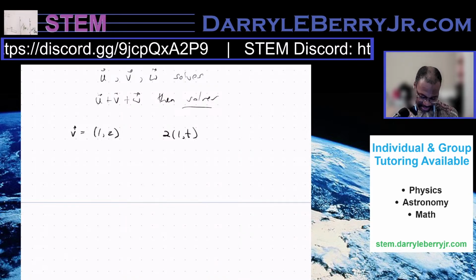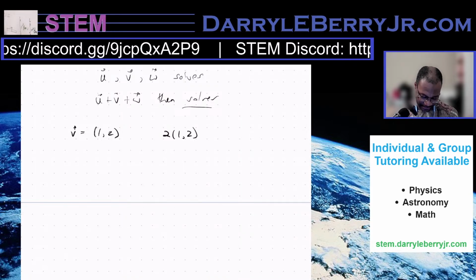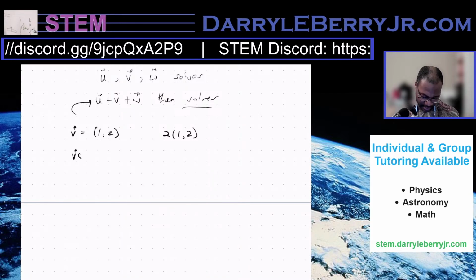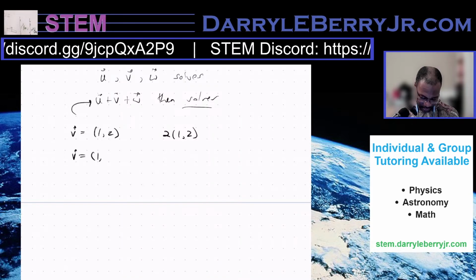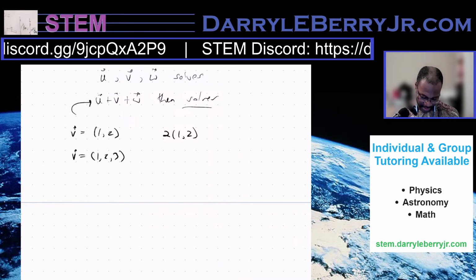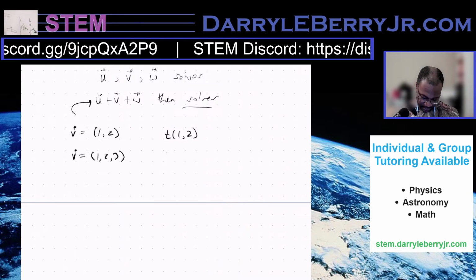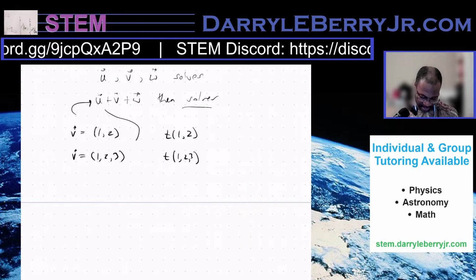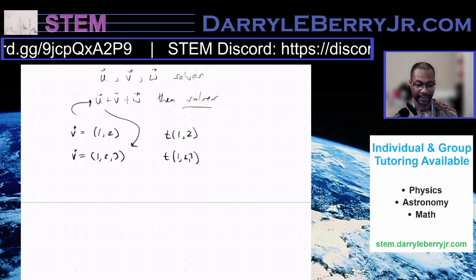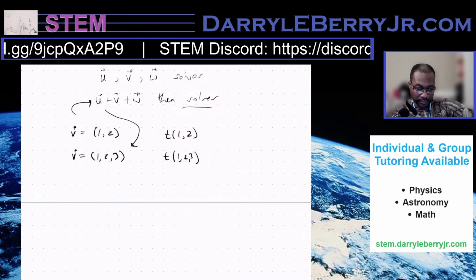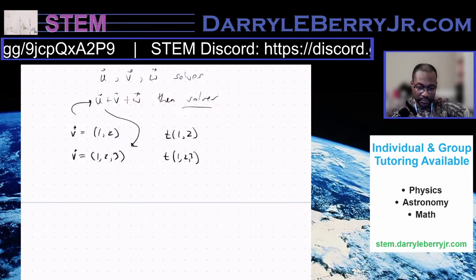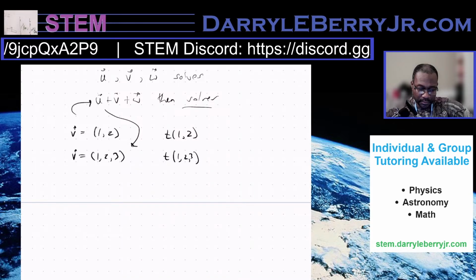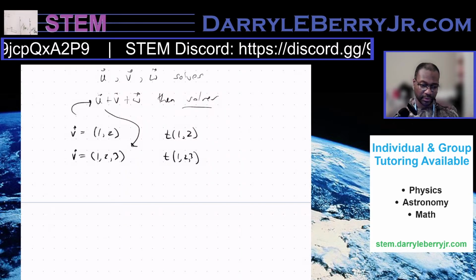So that's a linear combination of lines, or if they're in R3, then you could have T times 1, 2, 3, and each of these vectors would be an R3 vector. Okay. So a line is one-dimensional, a plane is two-dimensional.